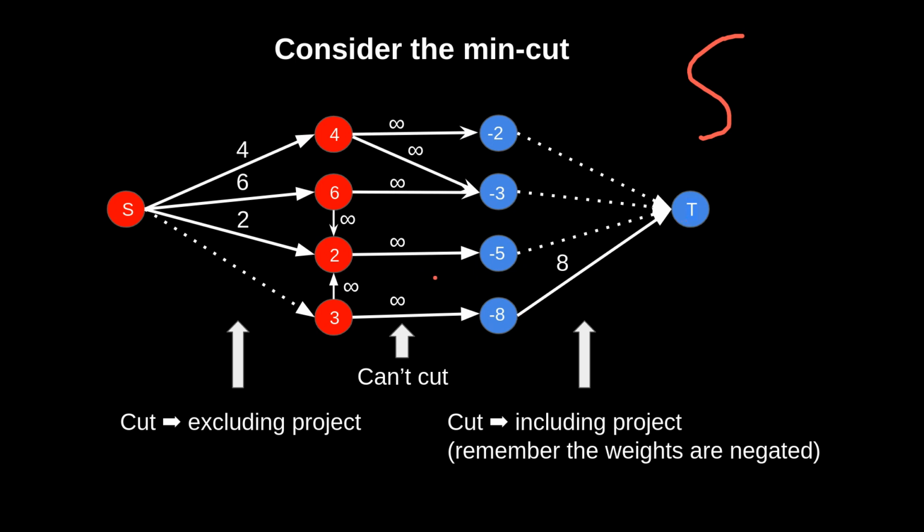And so since we are trying to minimize the weight of the set, we will successfully minimize it, but also our min cut will represent a valid set that does not break our project selection criteria.